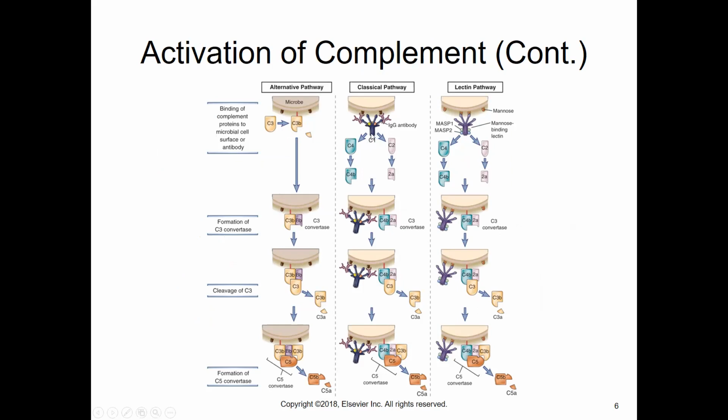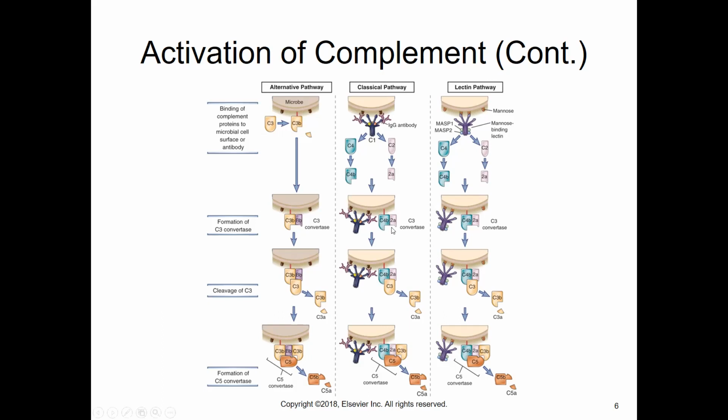Here's your C1. And so then it goes from C4 to C4b, and that activates C2, and then it combines with C2a. Y'all are going to learn all that. And what it's saying is the resultant fragment C2a, which is right here, C2 activated the 2a, so now you have C2a, joins with C4b to form the new C4b C2a enzyme.